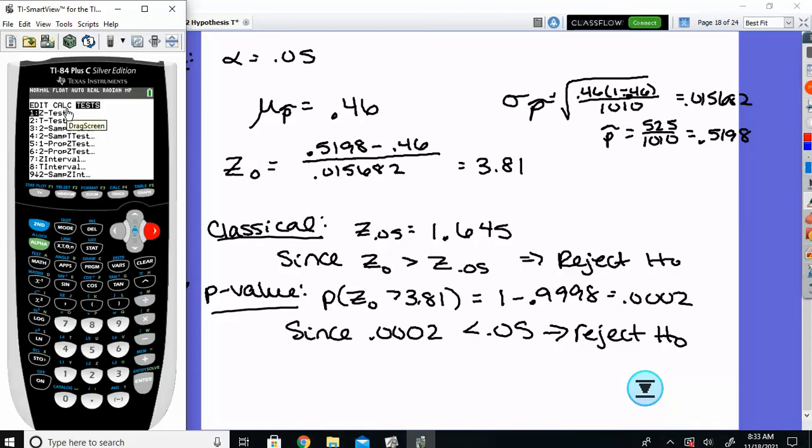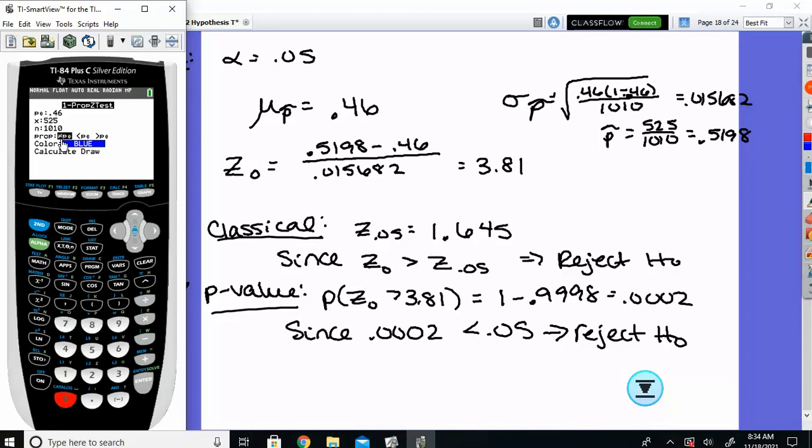Now when we're talking about P's, remember when we did confidence intervals, we were doing a 1 proportion Z interval because when you had P as your parameter, it was always the Z interval. We actually want to go to number 5 here. We're going to do a 1 proportion Z test. Then it's going to ask us some questions. Our P sub 0, that is the P in our null hypothesis, which was 0.46. Our X was what? Our N.